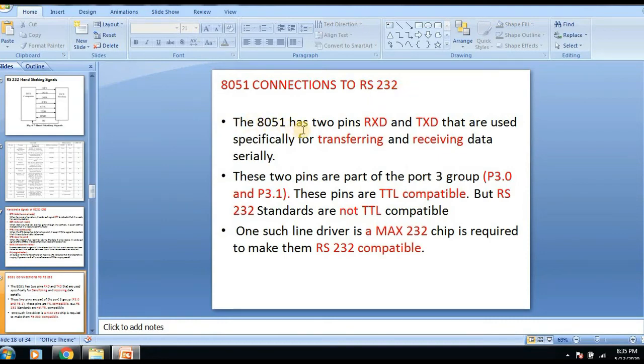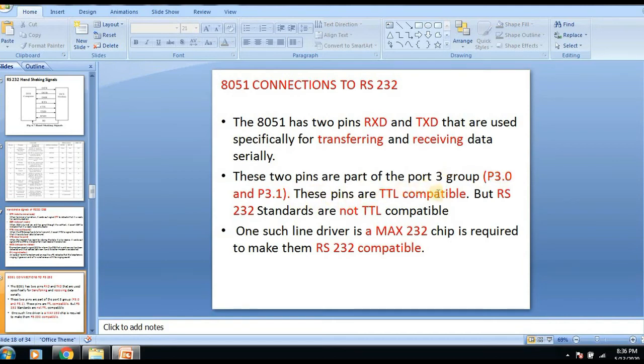the 8051 also has two pins, RxD and TxD, that are used specifically for transmitting and receiving data serially. These two pins are part of the port 3 group, that is P3.0 and P3.1.